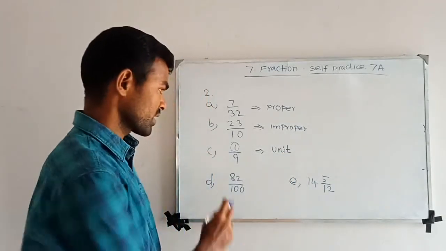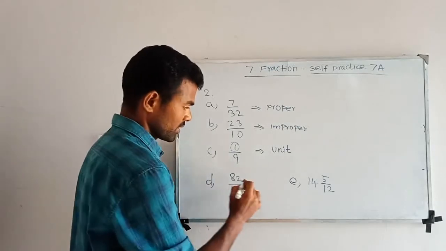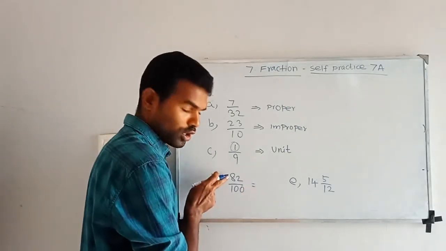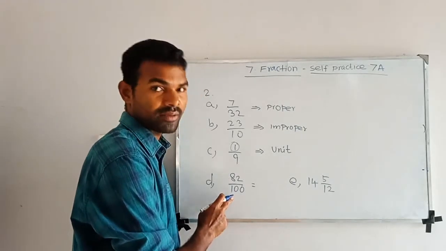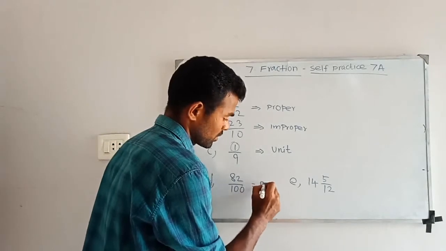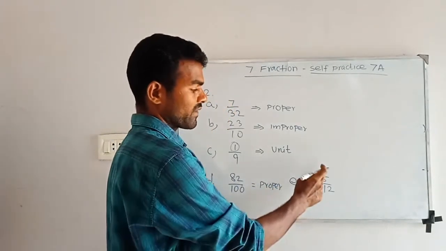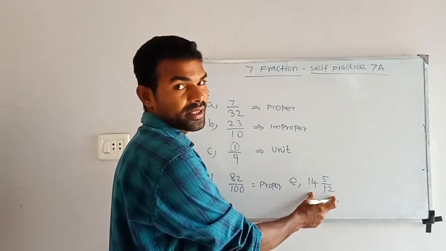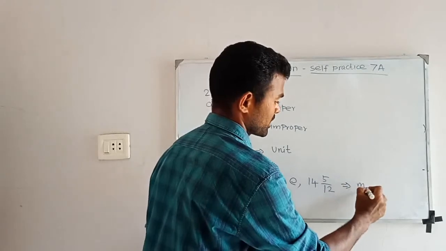82 by 100. What kind of fraction? See, the numerator 82 is small and the denominator 100 is big, so this is a proper fraction. And this one, 1 and 5 by 12, is a mixed number, the mixed fraction.